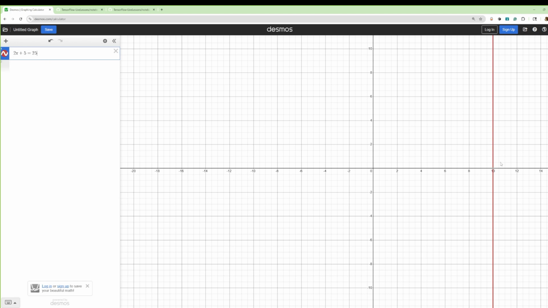The line is linear, you can see the line is linear. That's why linear algebra comes in.